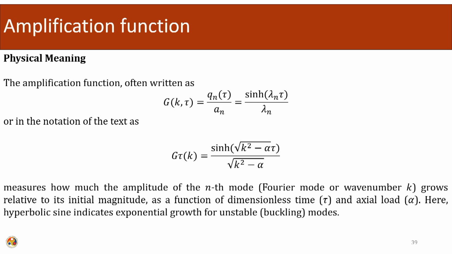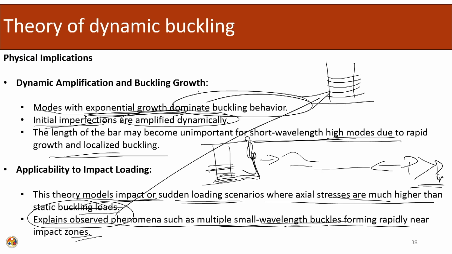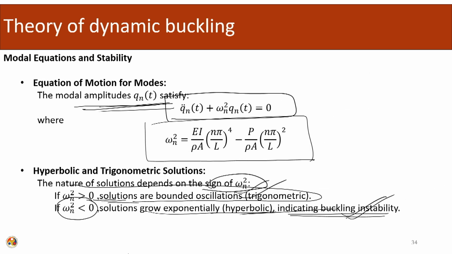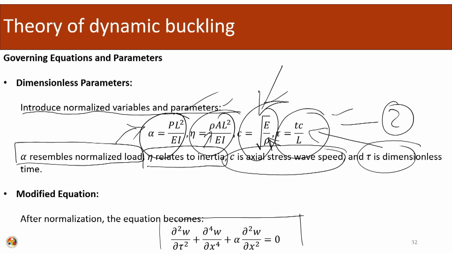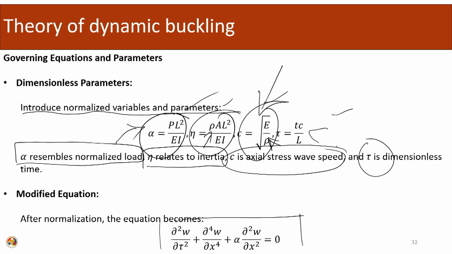The physical meaning. The amplification function is often written as Qn, the modal amplitude part, which we have seen here. So, Q is giving me the modal amplitude part, and instead of t we are using tau as the dimensionless time.